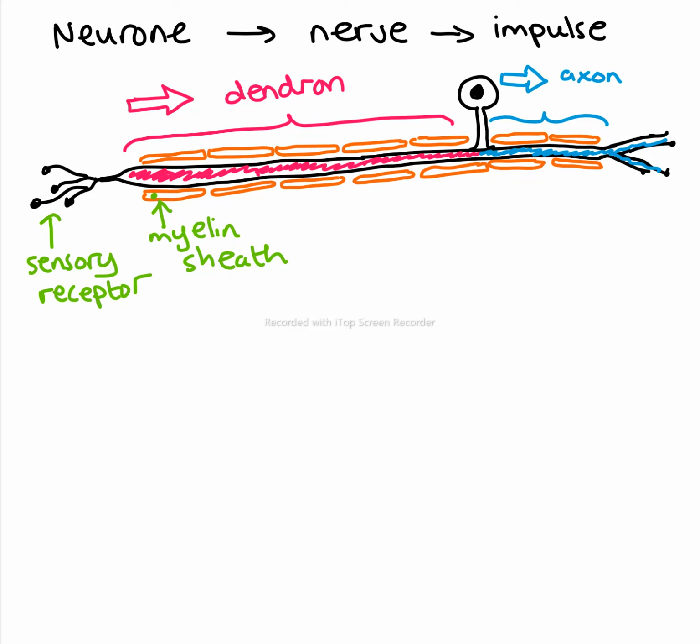And then these here are junctions, so let's use the word junction. It joins with the central nervous system. So this part is the CNS and this is outside the CNS.